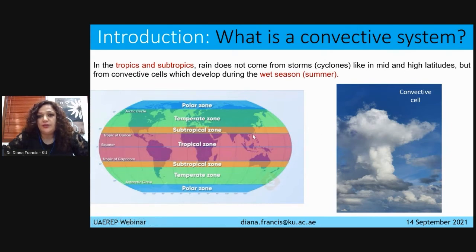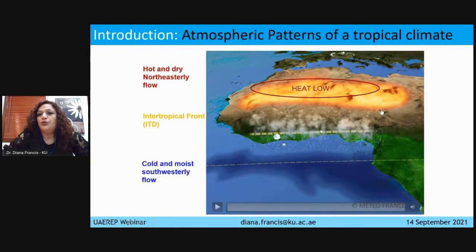So why is that? Because a tropical climate has its specific atmospheric patterns. For example, if we look at the African continent, during summer we observe the development of a heat low. It's a thermal low in response to the extreme heat by the sun during summer.